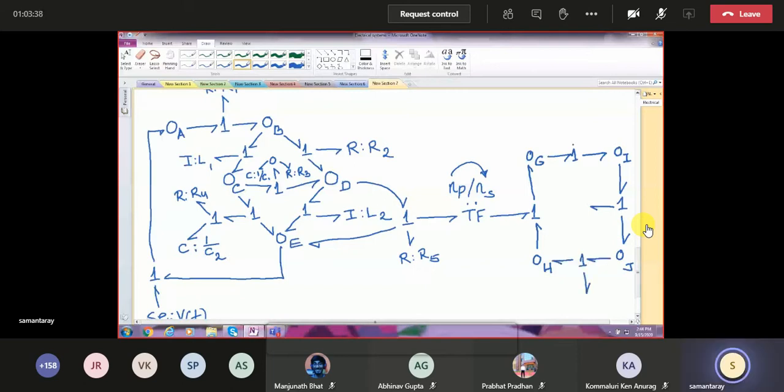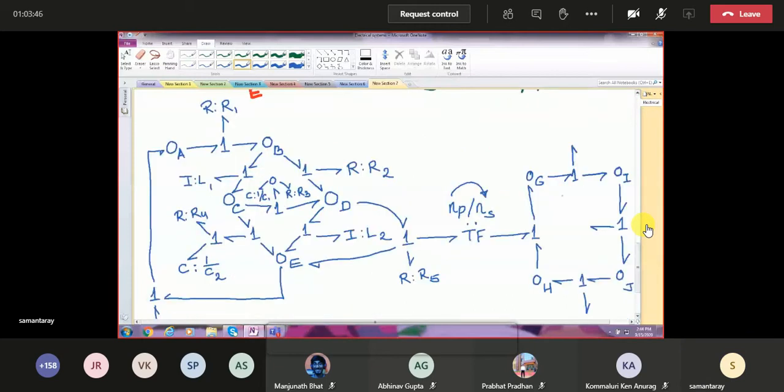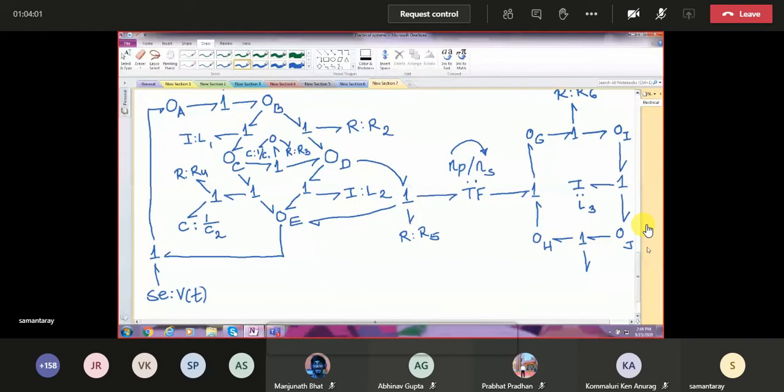Let's check. R6, L3, C3. So this is our first model.